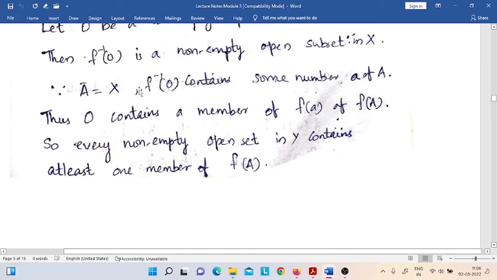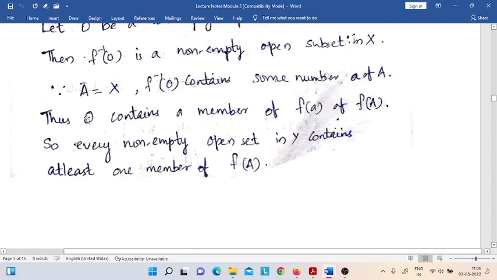O is open, as we have taken it as an open subset of Y, so there is no need to further show that O is open.